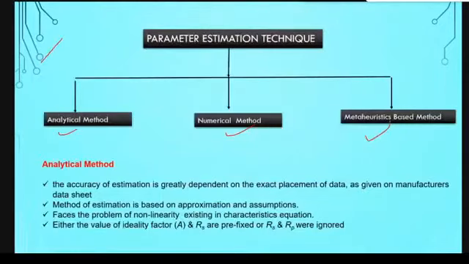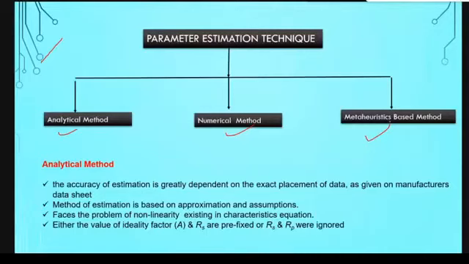The analytical method is very accurate, but it is time consuming. Here you have to estimate 5 unknown parameters, and these parameters are mutually coupled in a nonlinear equation. So you have a big challenge to estimate these parameters through the analytical method.